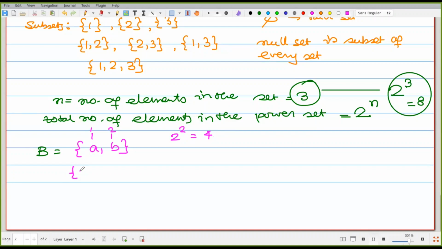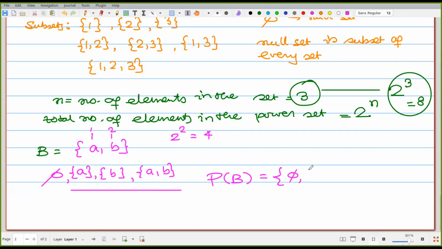So what are the subsets? {A}, {B}, then {A, B}. So completely 3. Then another one, that is the empty set. So the power set of B must be the empty set, {A}, {B}, then {A, B}.